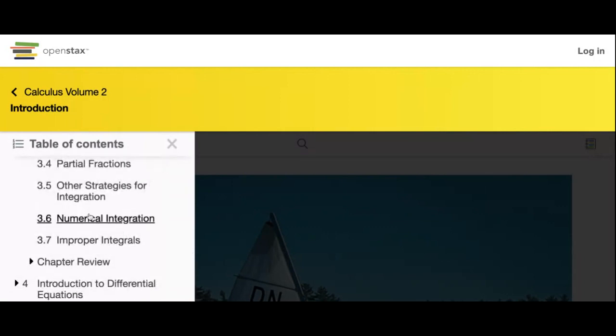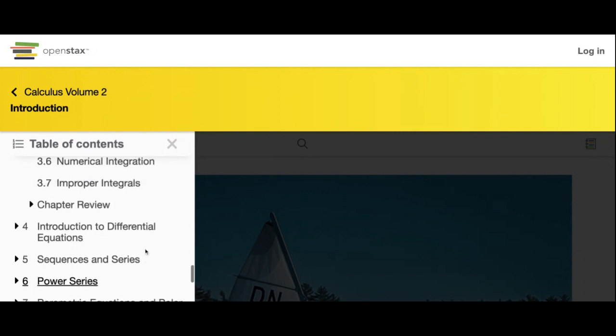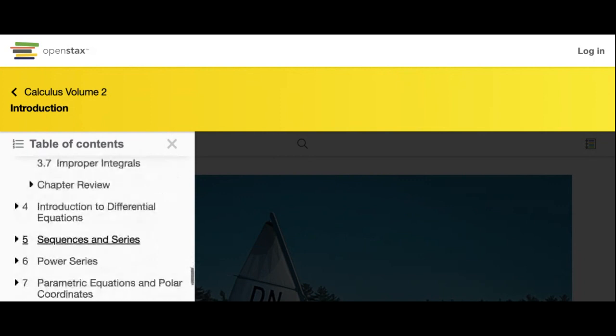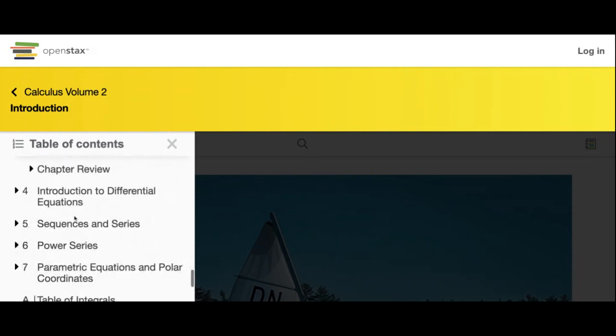Then we skip 3.5 and 3.6, so 3.7, improper integrals. So how do we deal with improper integrals? Let's say the lower limit or upper limit is not in the domain of the integrand, or the upper or lower limit involves infinity signs. So that's chapter 3. Chapter 4, totally not in our syllabus, so don't worry about it.